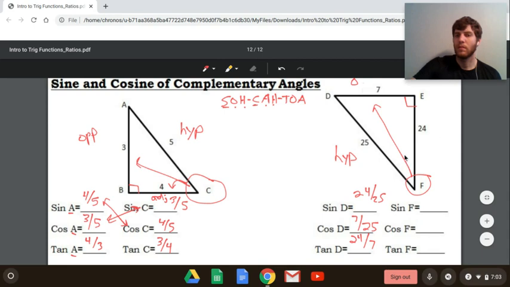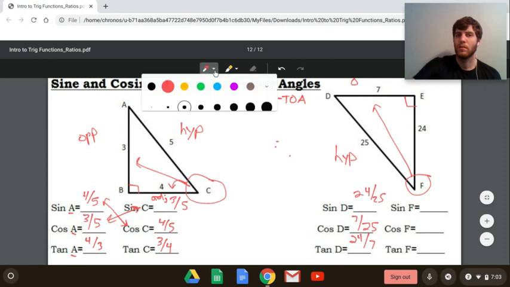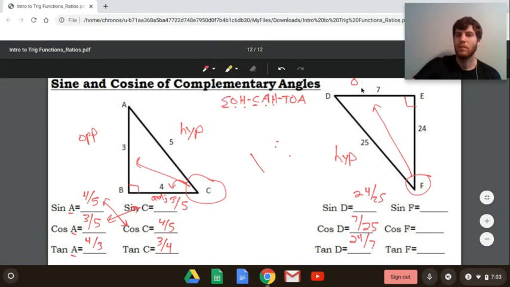And then this becomes your adjacent. Okay. So opposite side is 7, adjacent side is 24.